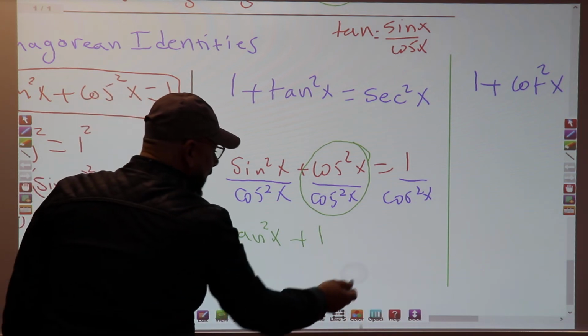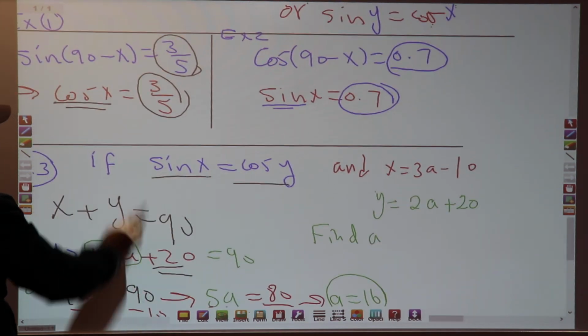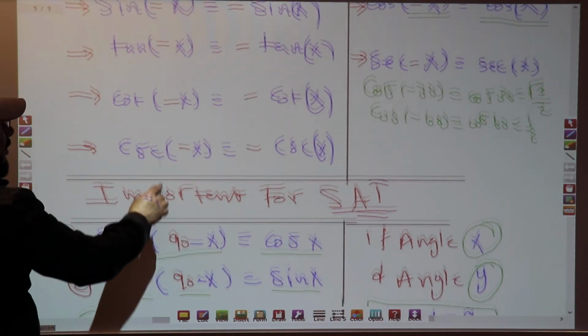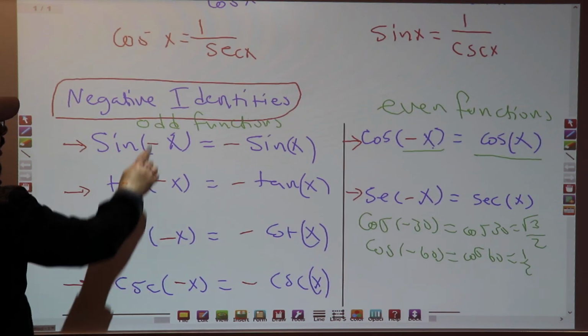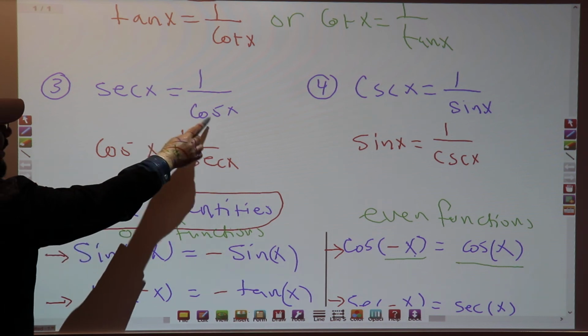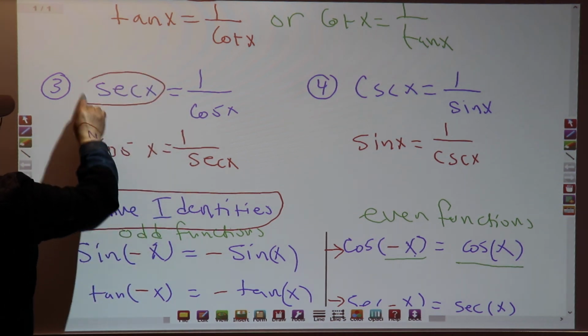But what is 1 over cosine? I forgot, let me go back up. 1 over cosine x is what? Secant. This is the secant, my friend.